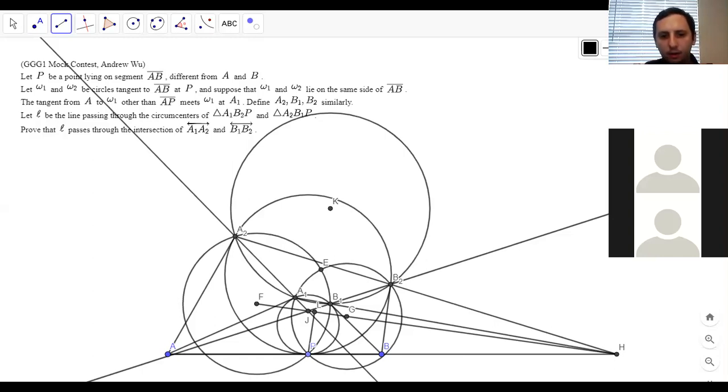So we want to try to show that JP is perpendicular to AB. L would be the Miquel point of this quadrilateral, A1, A2, B1, B2. But only if we can prove JP is perpendicular to AB.